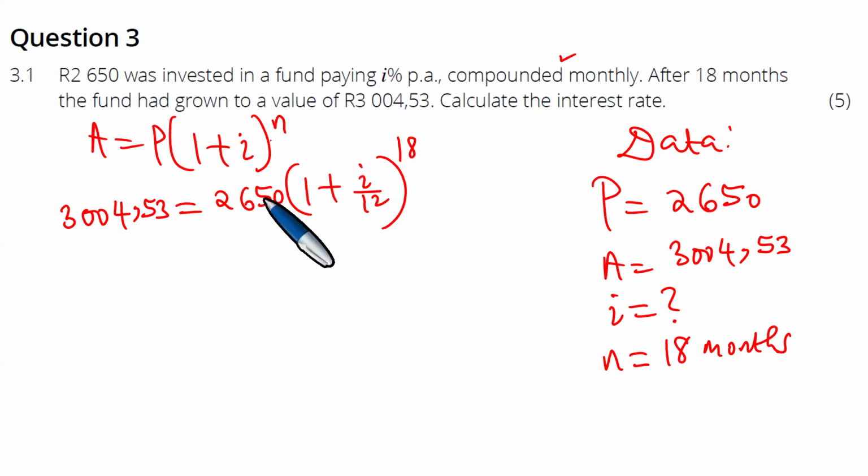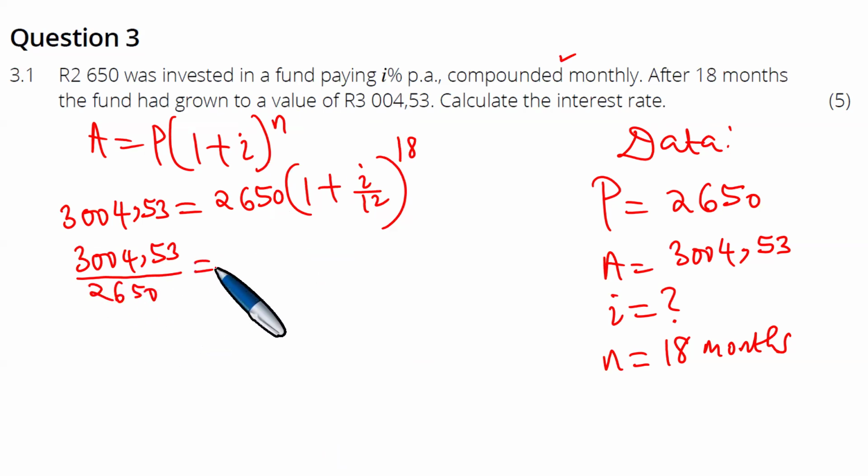And you want to calculate the interest rate, so we need i there. So let's reason these together. Obviously at this point, we divide by the 2650, and this gives us 3004.53 divided by 2650, and the result is (1 plus i out of 12) raised to the 18th power.